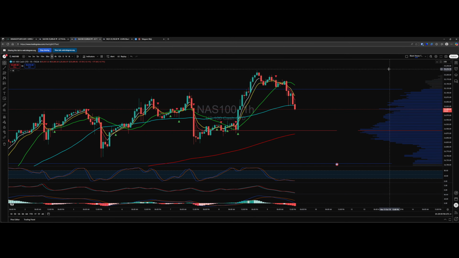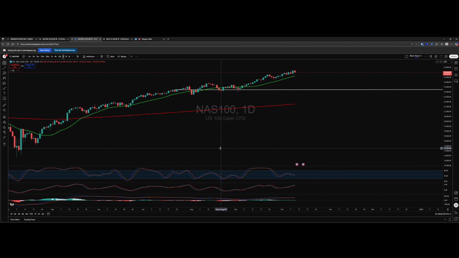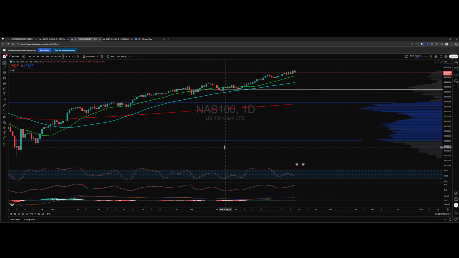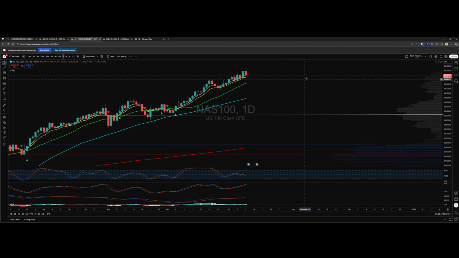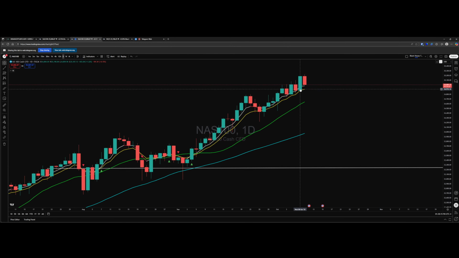Actually, let's just look at the daily on a bigger scale, at what it's looking for on this daily chart. So this is still a bullish chart. Let's not kid ourselves, right? The divergence is still there, and this could just be a red candle in a further move higher.